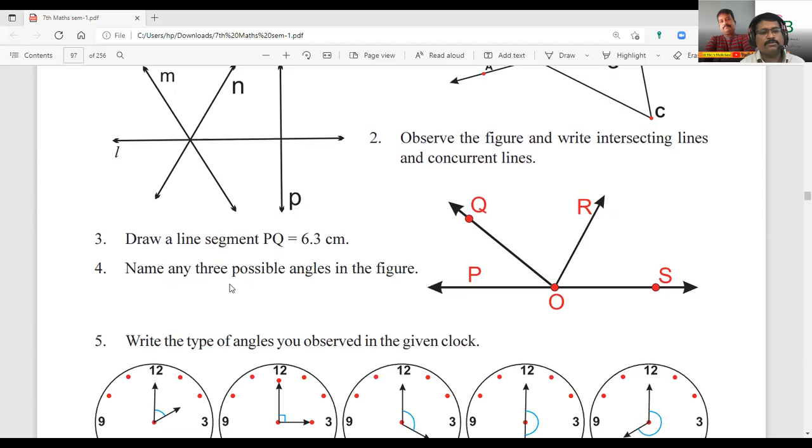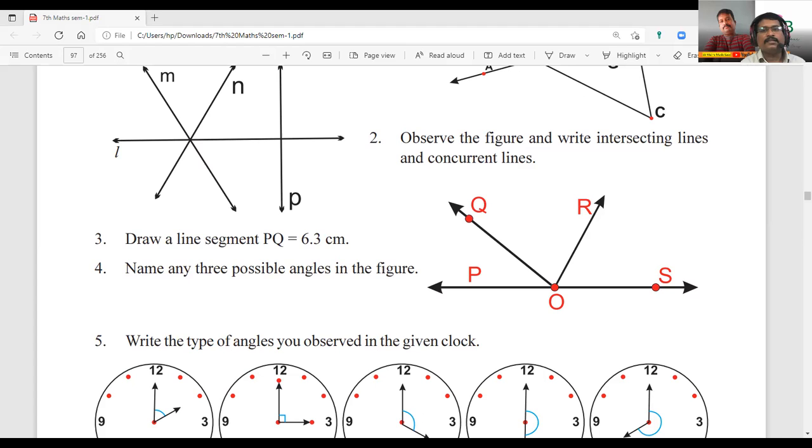When I use a scale like this, I mark a point at 0, then 2, 3, 4, 5, 6, and 6.3. Then I draw a line.